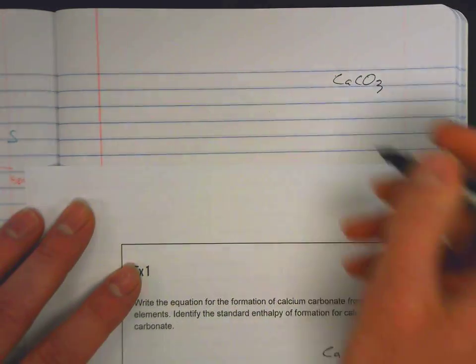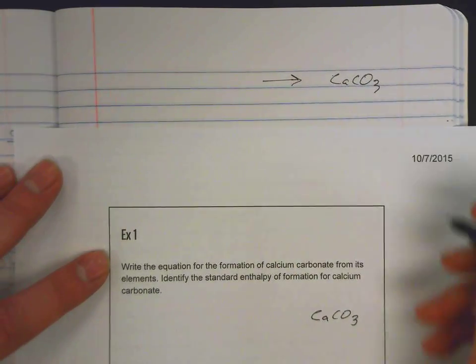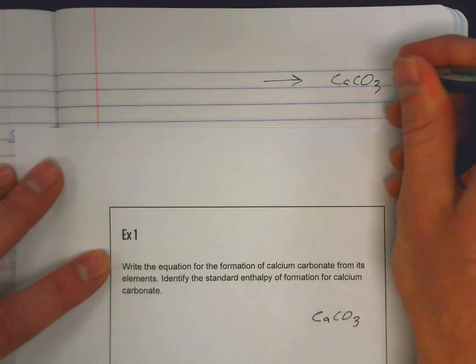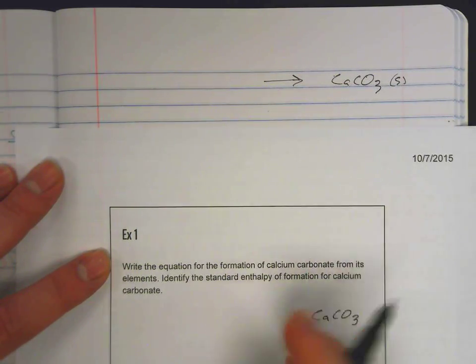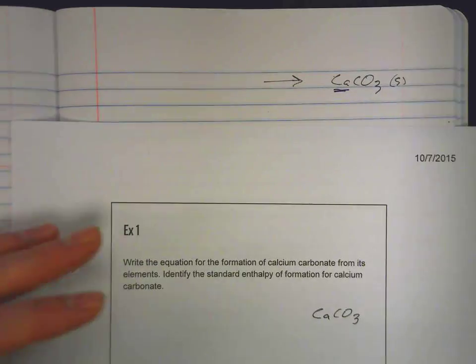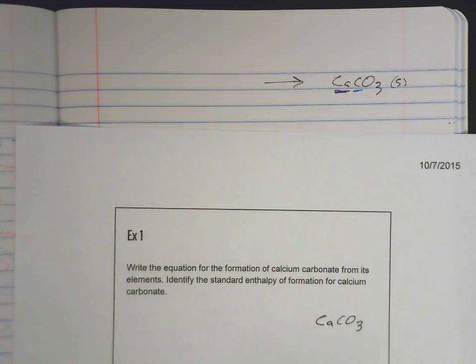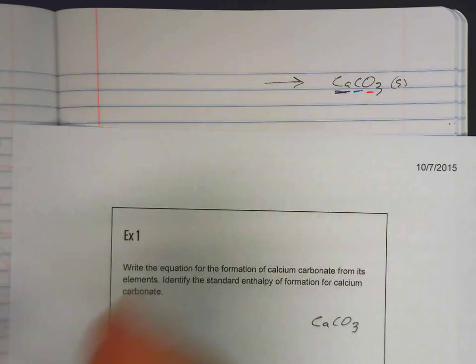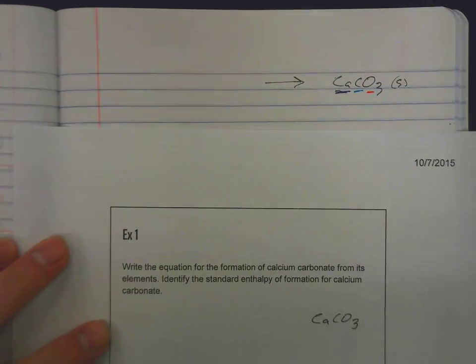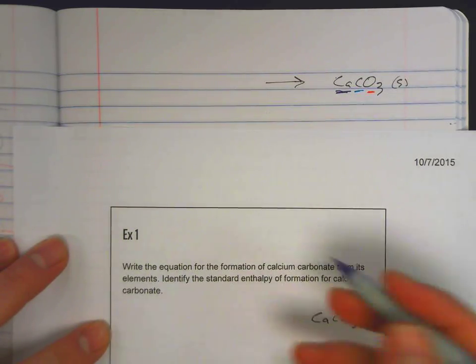If that's our product, let's think about what elements would be necessary to produce this product. Well, we can see that we have calcium, and we have carbon, and we have oxygen. So those are the elements involved in producing this product.